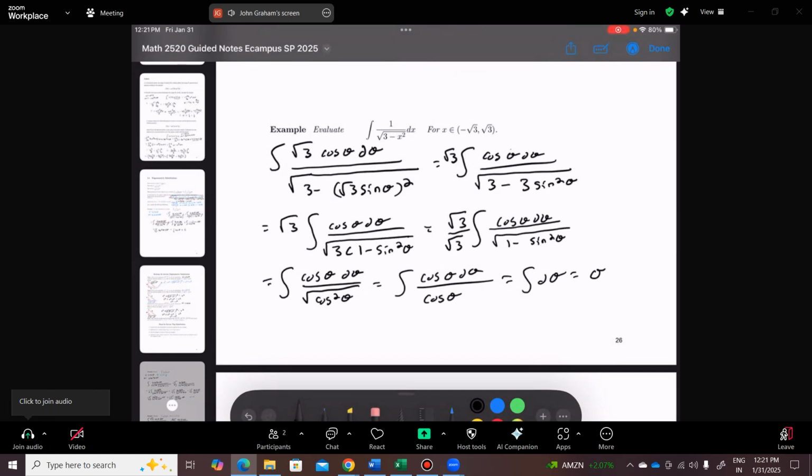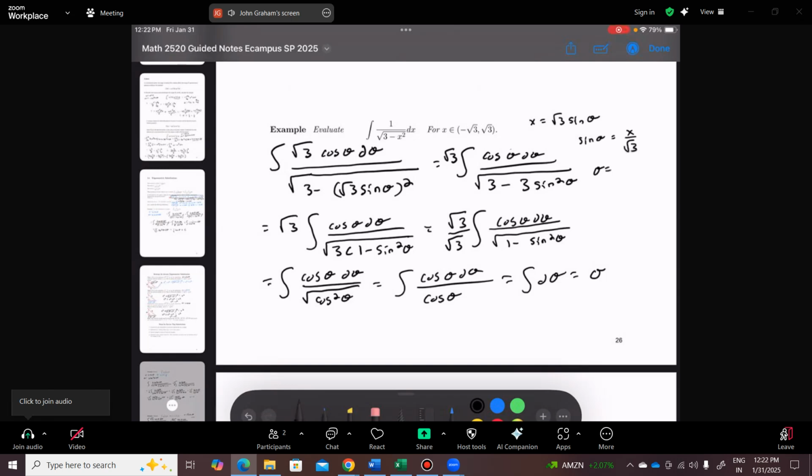We're going to have to bring this all the way back to what theta equals. We started with x equaling square root of 3 sine theta. All right, we can solve this for theta. So sine theta equals x over square root of 3.